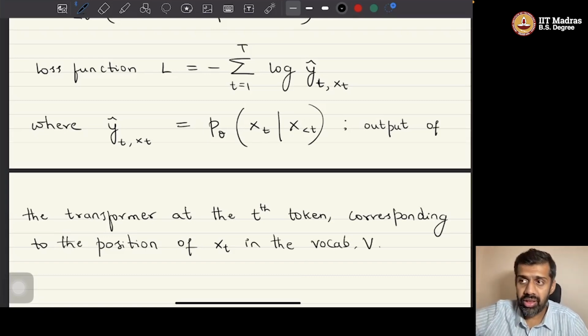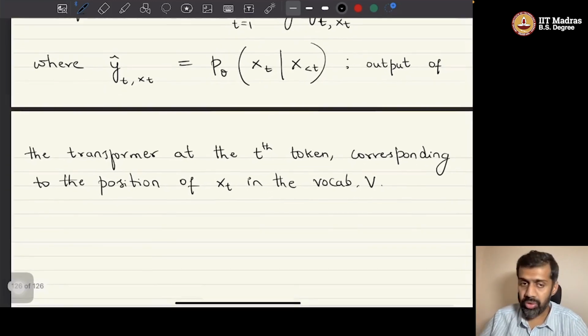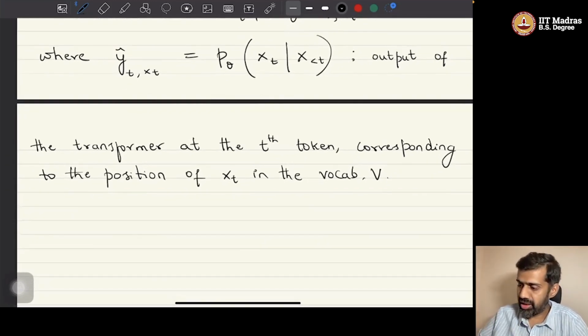So remember that at each time t, the transformer is going to give a distribution over all the tokens in the vocabulary, right? So we have y hat t comma xt.